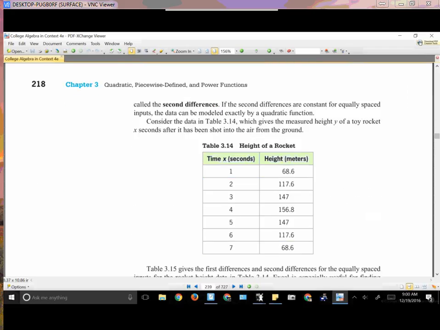Well, if we have our X data incremented by a specific amount, could be going by 1, could be going by 2, you should be able to take a look at the Y data, and it should be doing the same thing. It should have a constant increase. Remember, a linear is always going to have a slope. Always the same amount of rise, always the same amount of run.